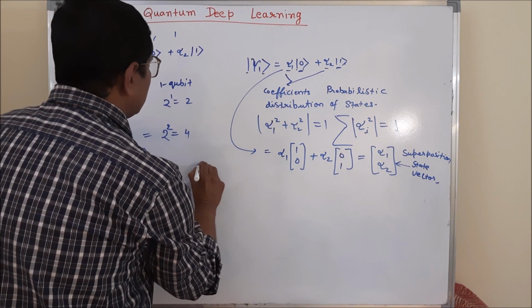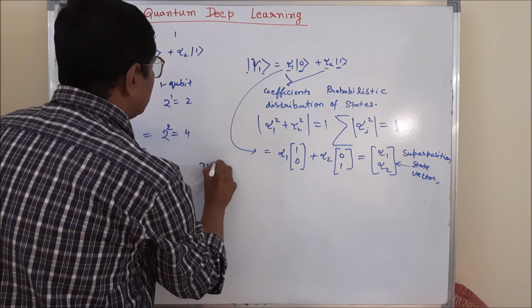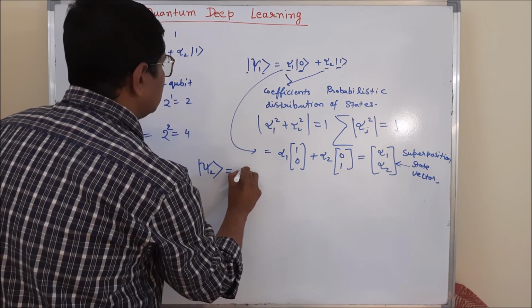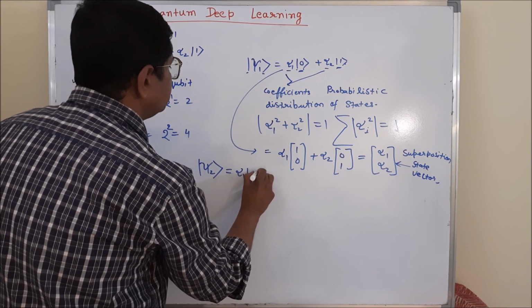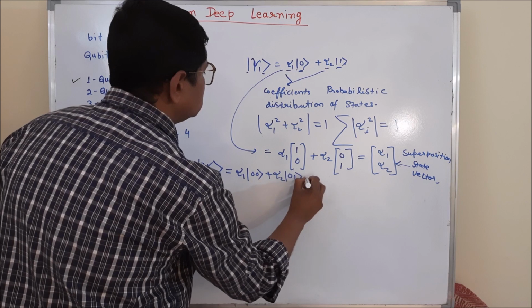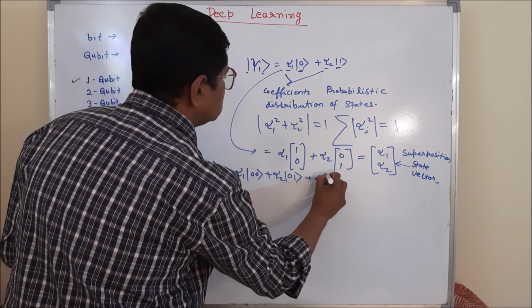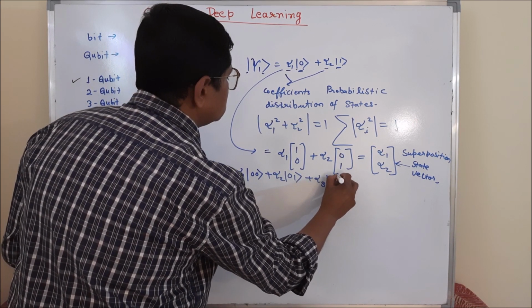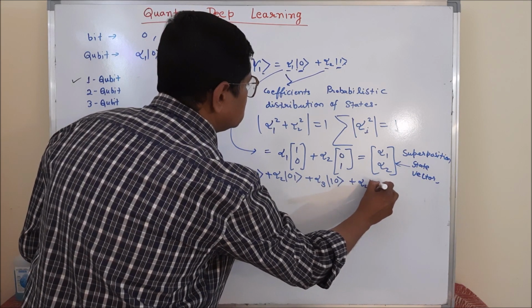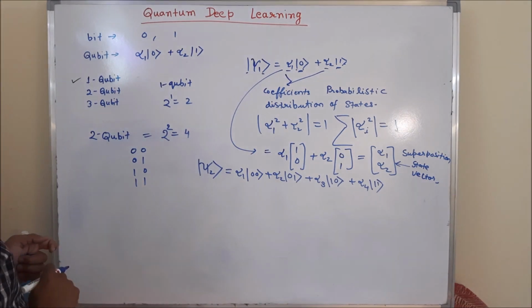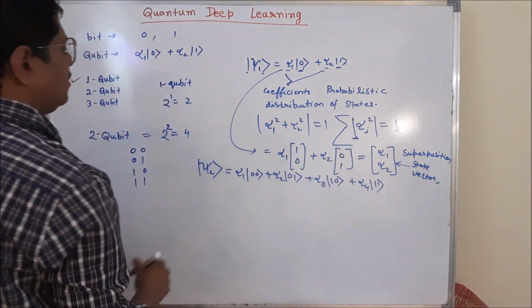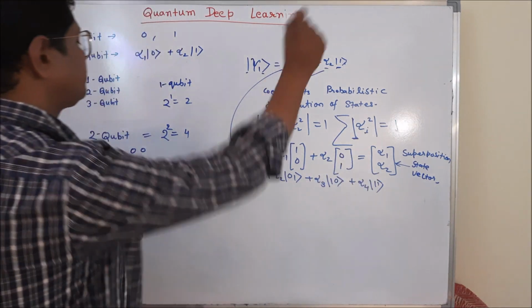Now our entire data will be represented as alpha 1, and here again the same principles are applicable for all those coefficients.